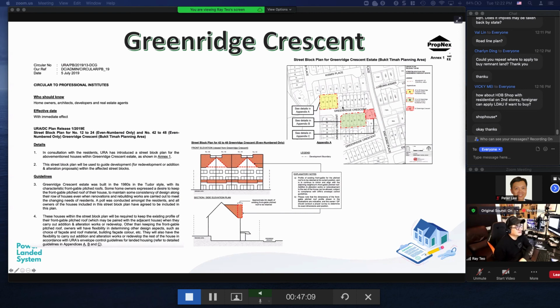This is at Upper Bukit Timah, near the Kismis, which is near Beauty World.